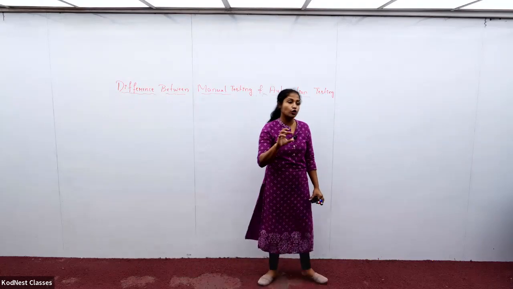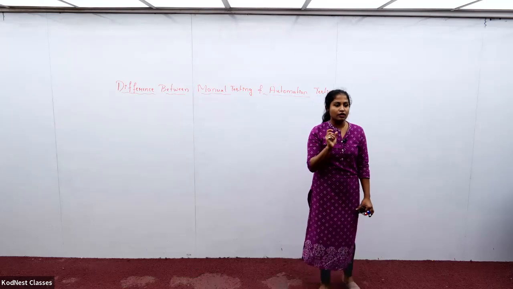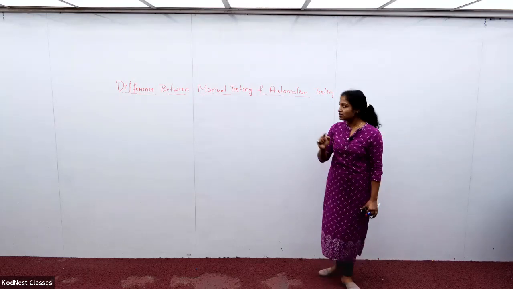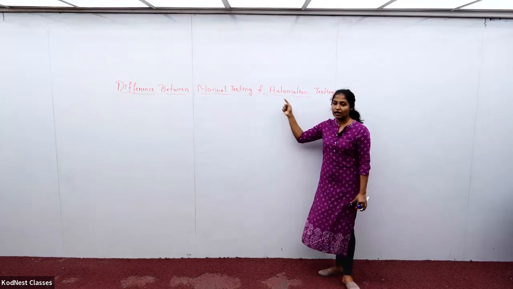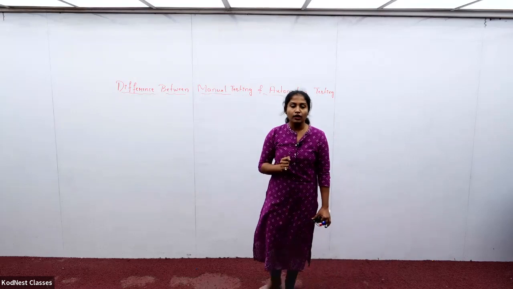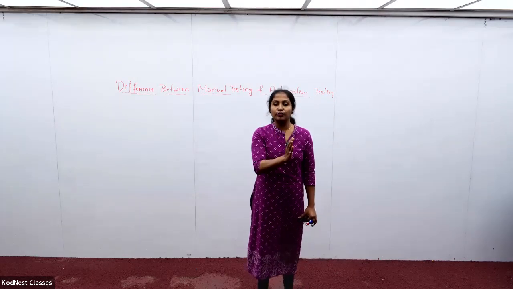I'm talking about complex test cases, not the simple test cases. But when it comes to complex test cases, automation testing can easily test them. So everything you will get complete clarity.